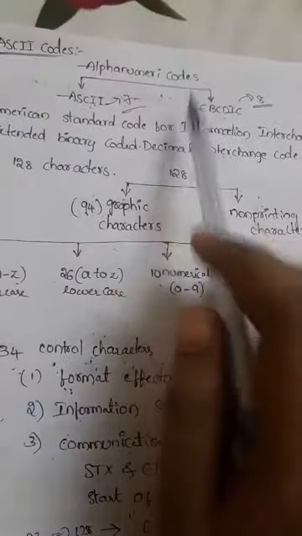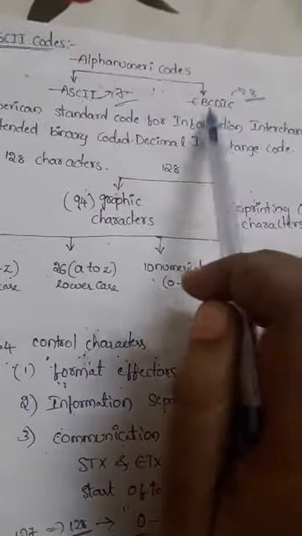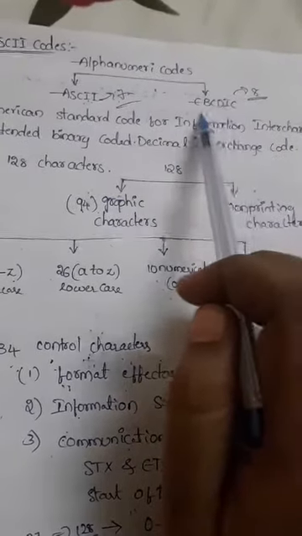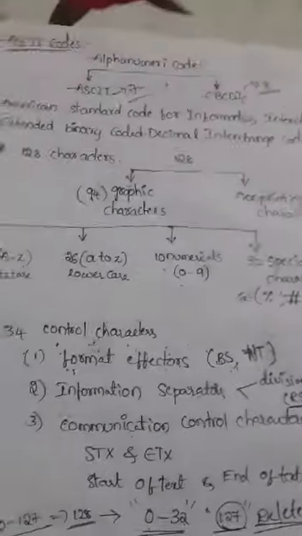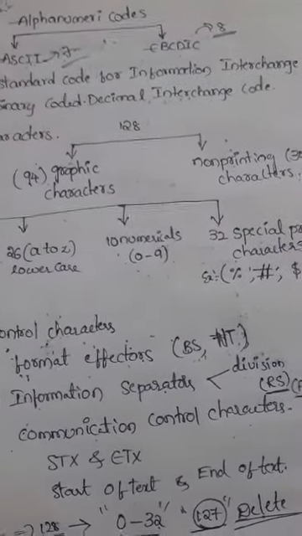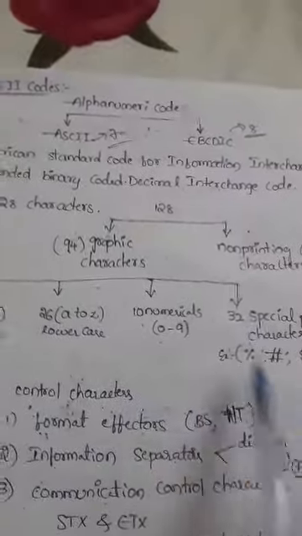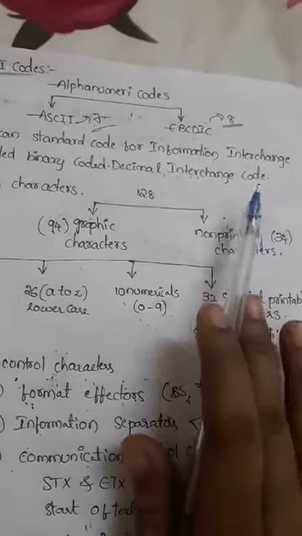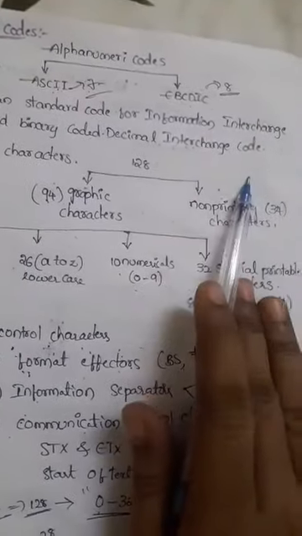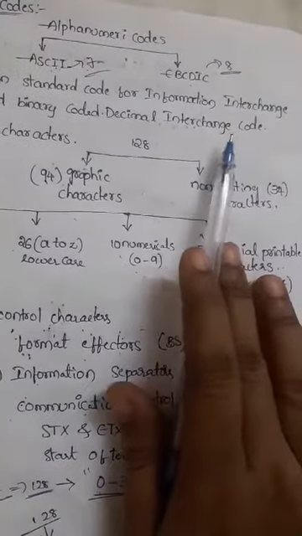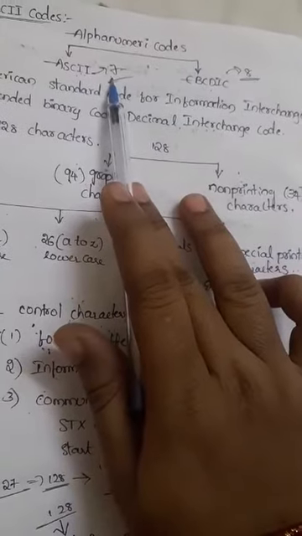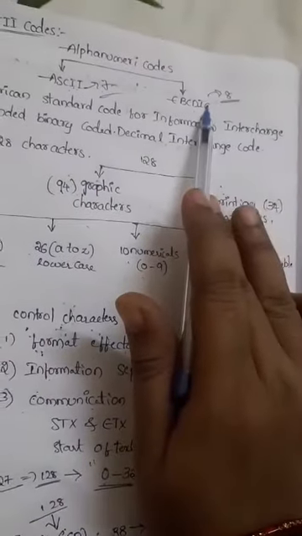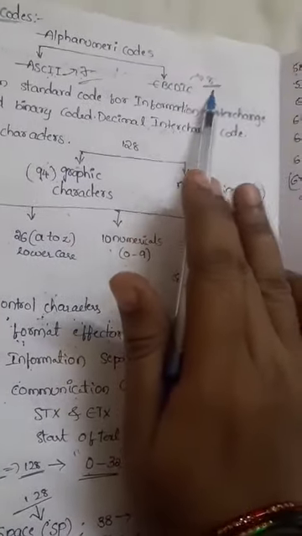Now we'll see another classification of alphanumeric code, that is EBCDIC. EBCDIC is the Extended Binary Coded Decimal Interchange Code. It is almost equal to the ASCII code, but it uses 8 bits. In ASCII we represent a 7-digit code, but in EBCDIC we represent 8 bits for each character.